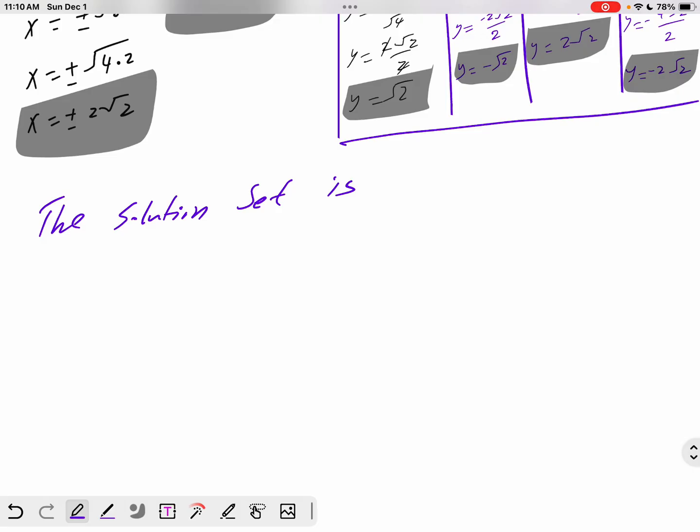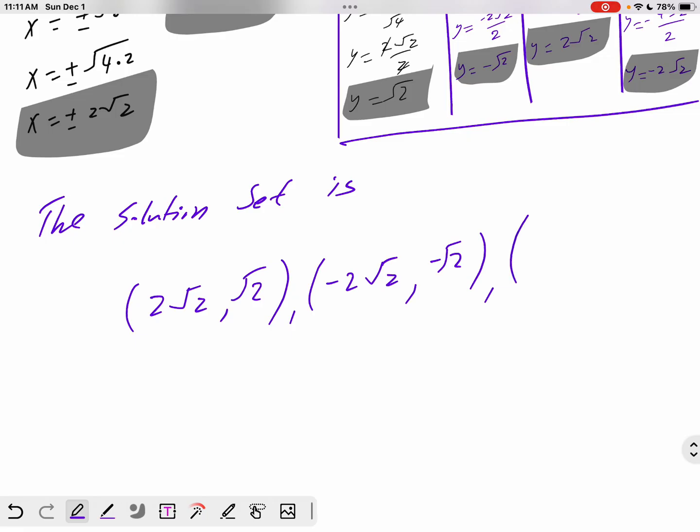So when x was 2 root 2, the corresponding value was root 2. When x was negative 2 root 2, the corresponding value was negative root 2. When x was root 2, then the y value was 2 root 2.